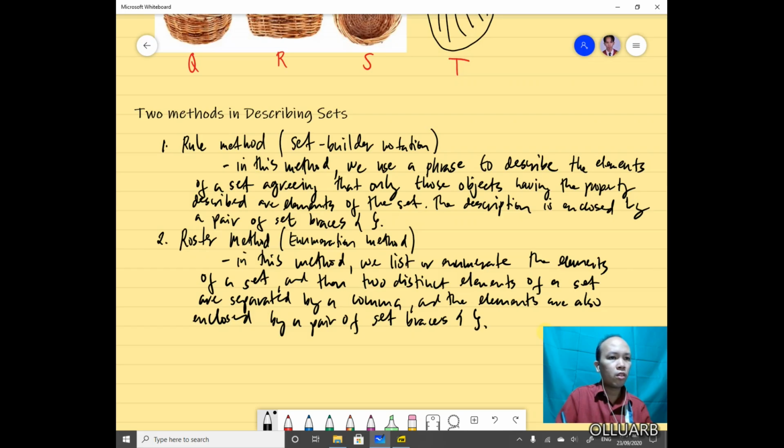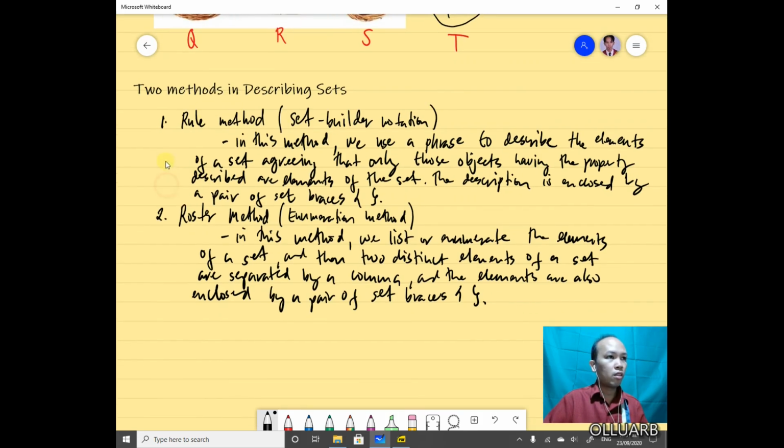This one. Okay, so let's have an example to illustrate these two methods. These are the usual ways on how to describe a set. If you have another, then that's not the usual method.